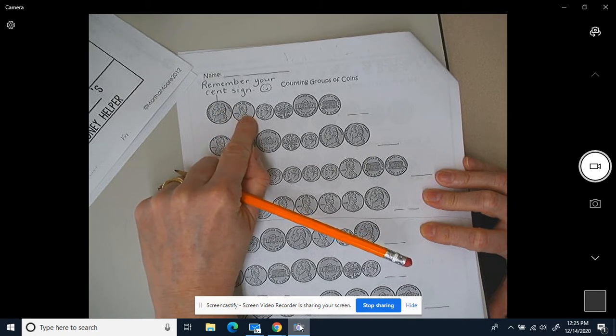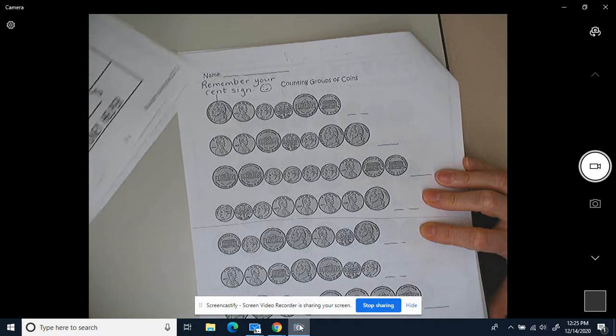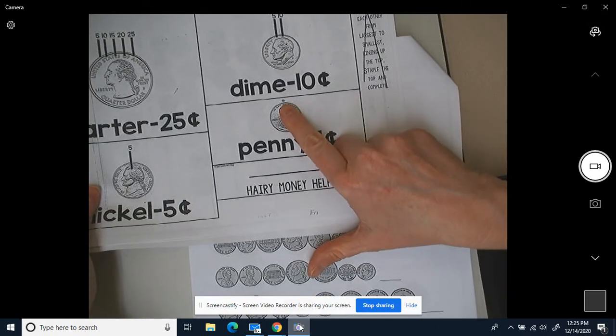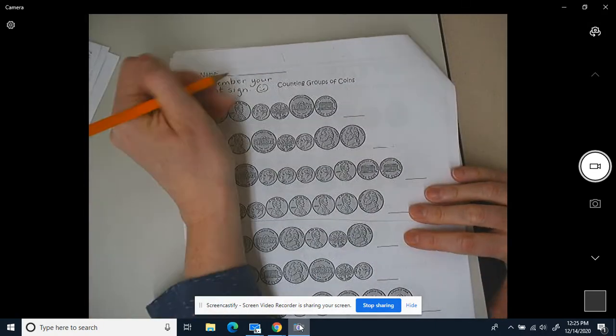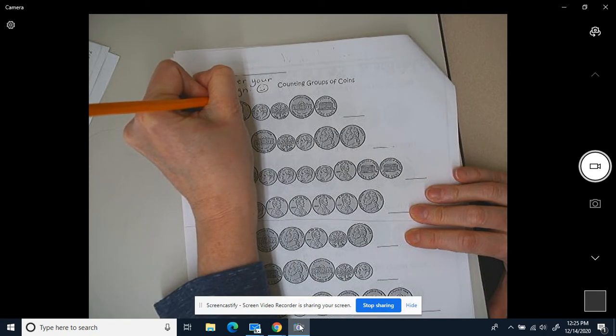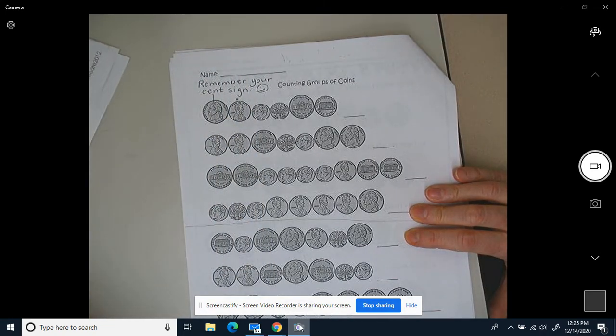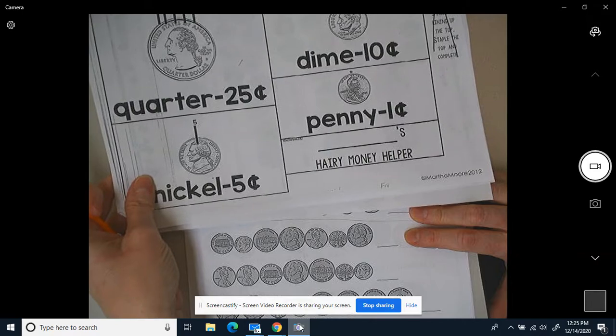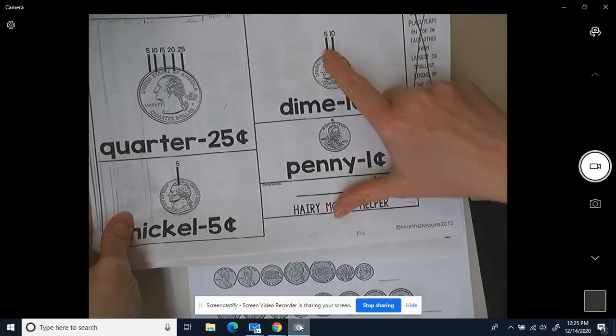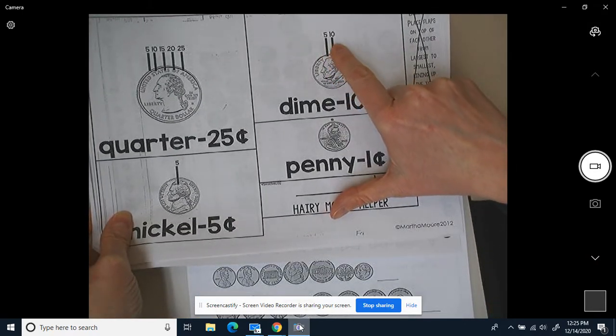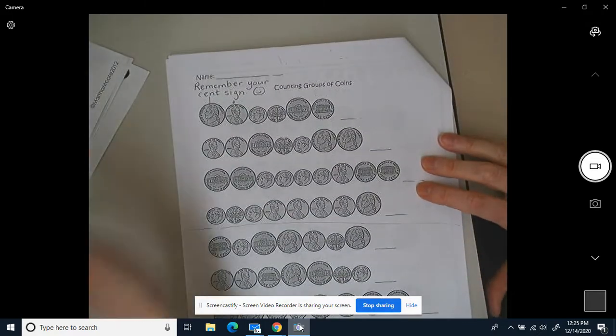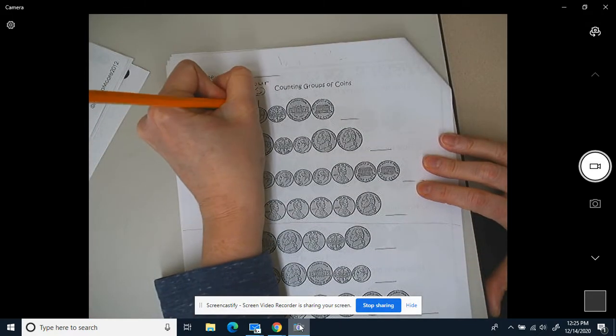Okay, what coin is that? That's a penny. A penny is just worth 1, so I'm just going to put a dot. He's bald. He doesn't have any hair. What about a dime? A dime has 2 hairs because we go 5, 10 because he's worth 10 cents.